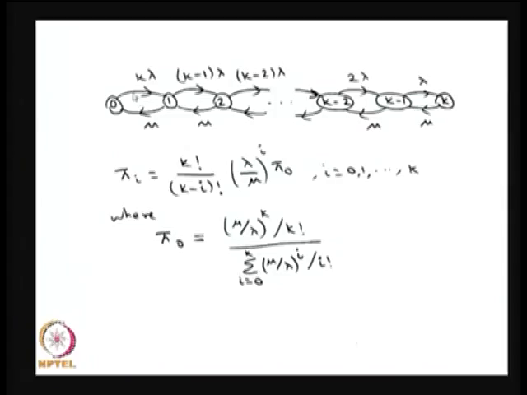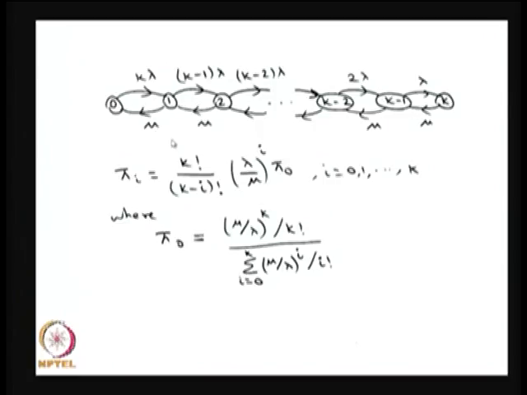And from 0 to 1, the arrival rate will be from any one of the K PCs, therefore, the arrival rate is K times lambda, and already one print job is there in the printer. Therefore, out of K minus 1 PCs, one print job can come. Therefore, the inter-arrival time is exponentially distributed with parameter K minus 1 times lambda and so on. So, this is the way you can visualize the birth rates, whereas the death rates are mu.